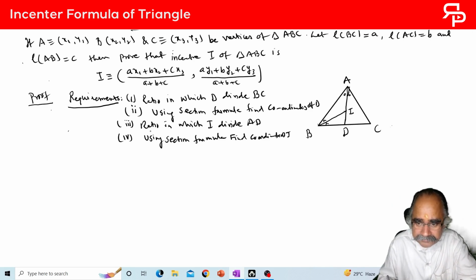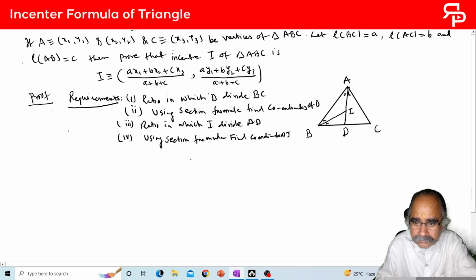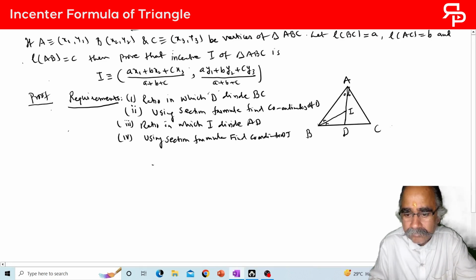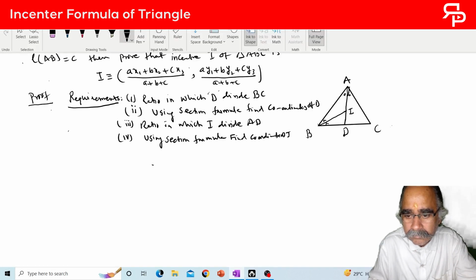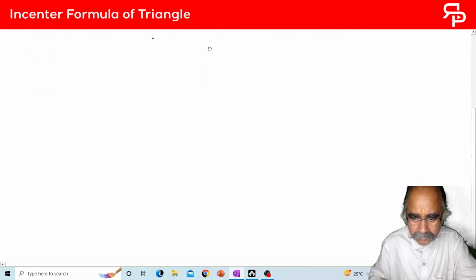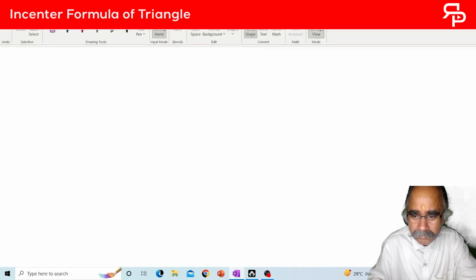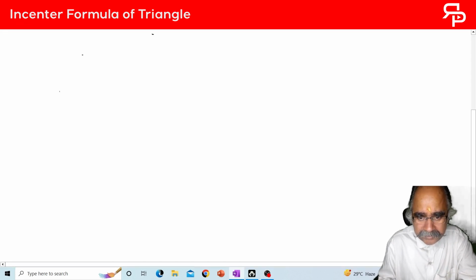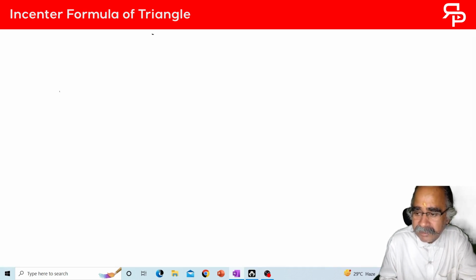So now we'll start. Let me shift the page. Select the pen. So you should know the property of the angle bisector.